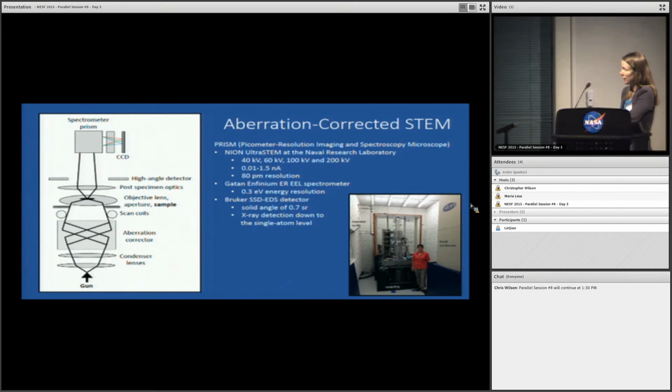The electron beam passes through the sample, and then several detectors after it passes through, one of which is the electron energy loss spectrometer, which we have at 0.3 eV resolution. We can run this at a variety of energy conditions. We have sub-angstrom spatial resolution and X-ray EDS detection down to the single atom in special cases.